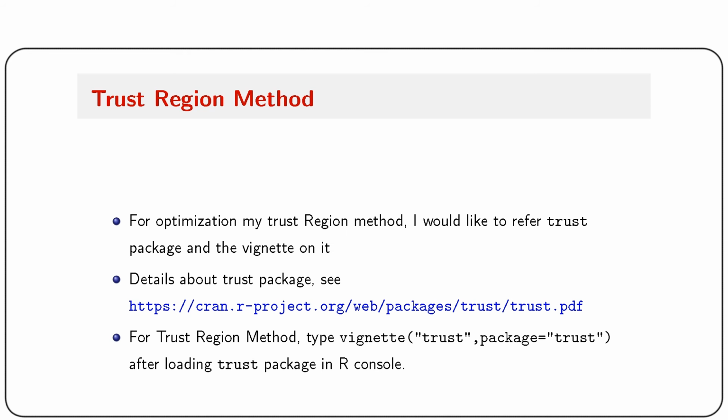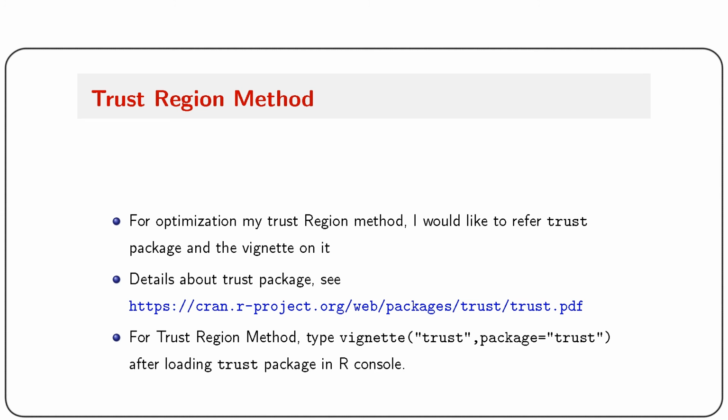The final method is the trust region method, though I don't discuss much here, but I'll give some references where you can get sufficient documentation for further knowledge. For optimization by trust region method, I would like to refer to the trust package and the vignette on it. You can get the vignette through these locations.